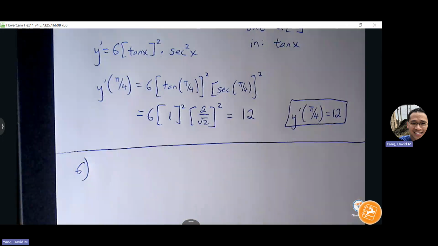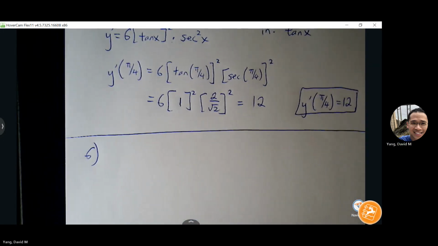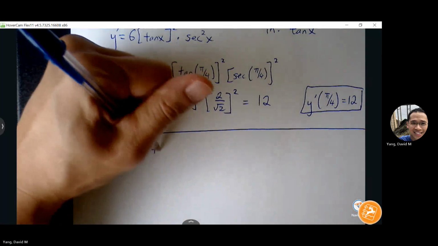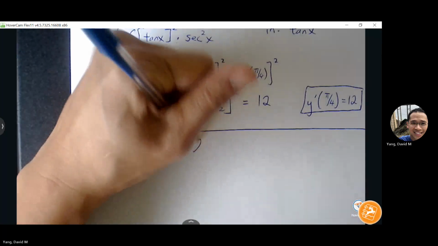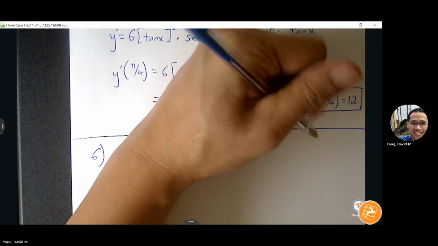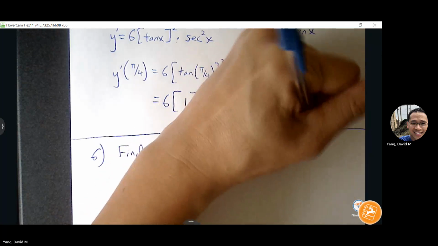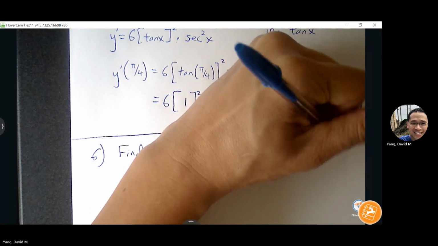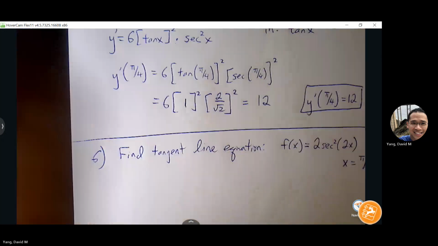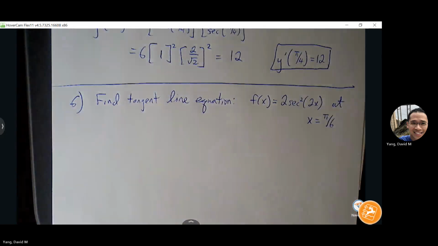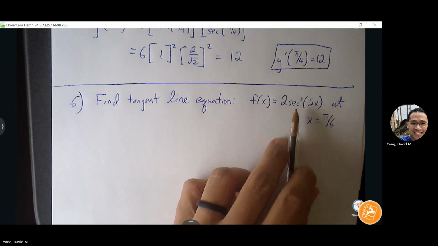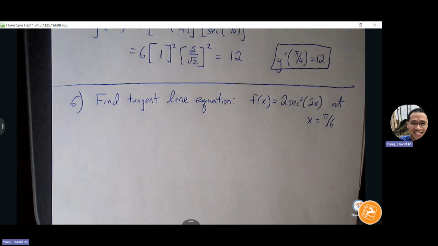Okay, number 6, find the equation of the tangent line. Okay, first things first, what should we do before we do our derivative? Let's rewrite it, yep.